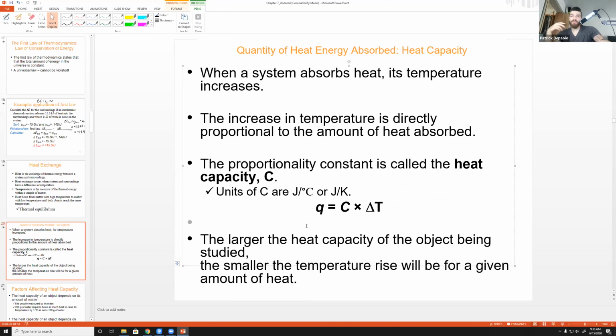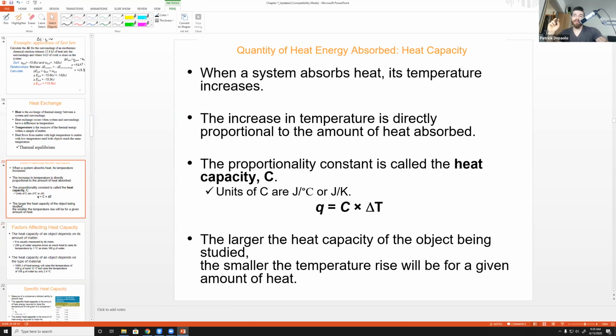So, for example, Q, the amount of heat energy, could be the same even though the temperature doesn't increase as much. If that doesn't make sense, I'll use this example. I said before, water has a high heat capacity.